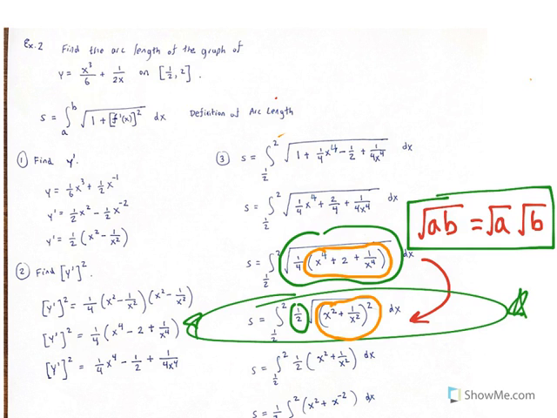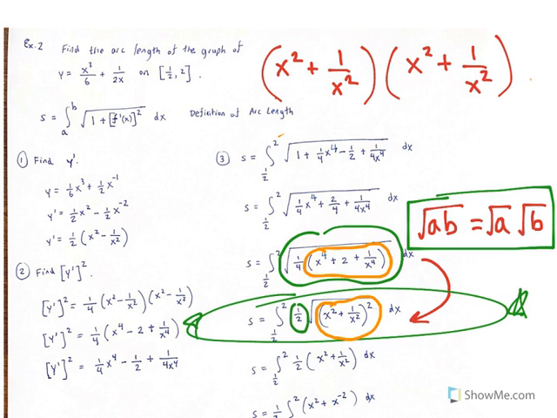And if you want to verify that that is correct, you can do this. You have x squared plus 1 over x squared, times x squared plus 1 over x squared. When you multiply, x squared times x squared is x to the 4th.